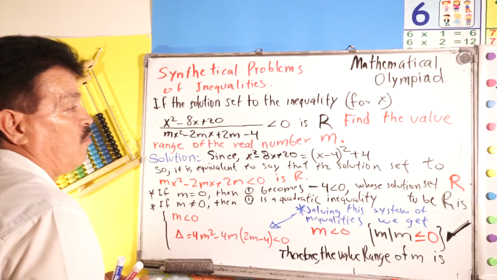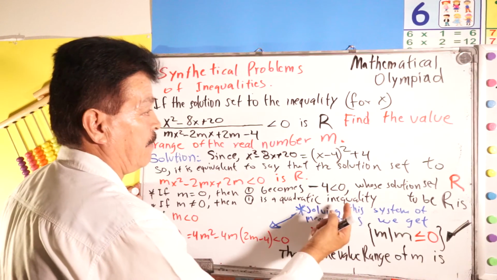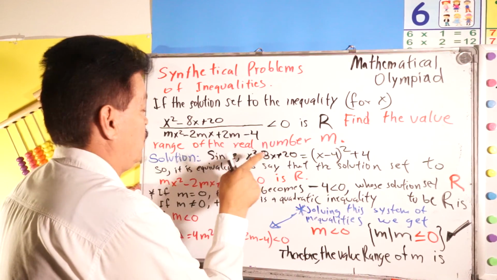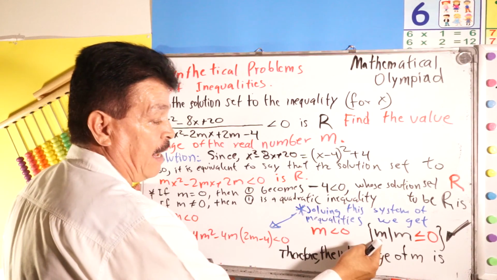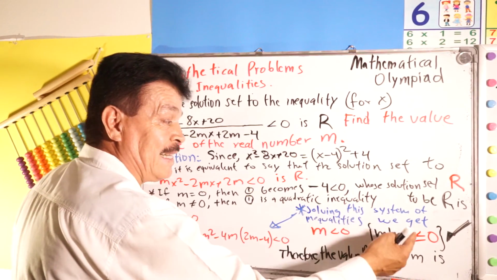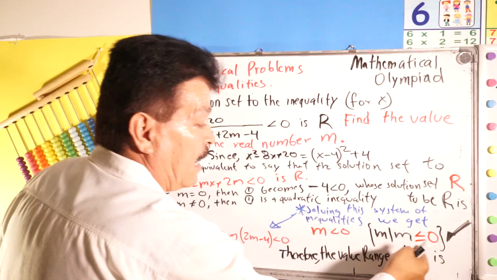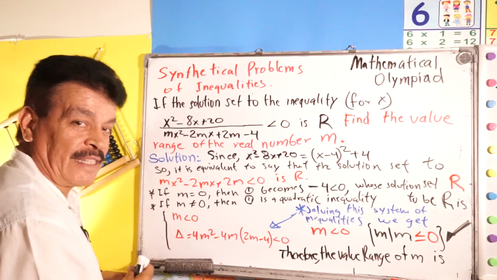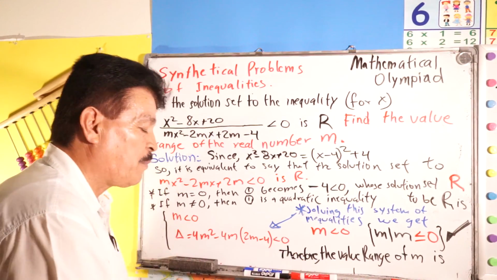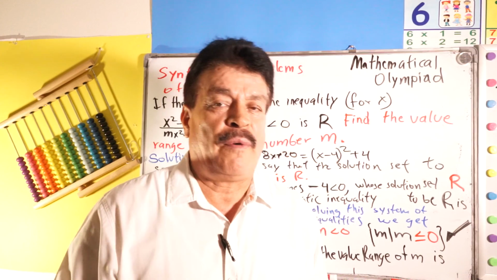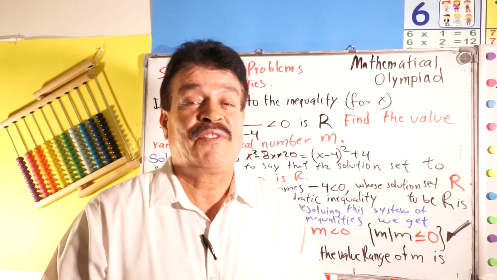So the value range of the real numbers m is m less than or equal to 0. All these real numbers are the solution to our problem. See? As always I remind you, if you discover the power of mathematics, unleash your infinite potential.